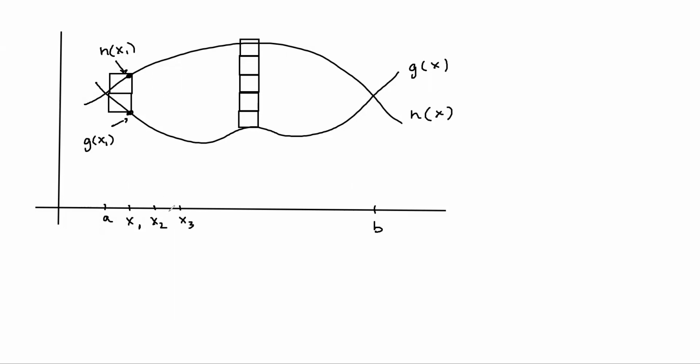And then if we went to X2, we could take X2 and plug it in, and it would give us g of X2. And plug it into h, and you'd get h of X2. And so we would then end up getting our vertical strip, and then we could get the top and bottom of the object, and then we could go through and put boxes.